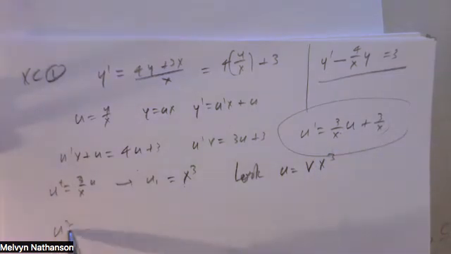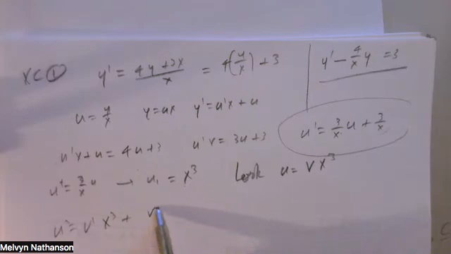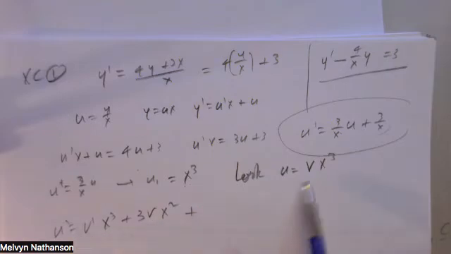So u prime is v prime x cubed plus v times the derivative of x cubed, which is 3x squared. So that's u prime is v prime x cubed plus v times 3x squared.